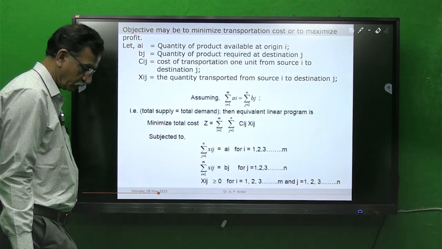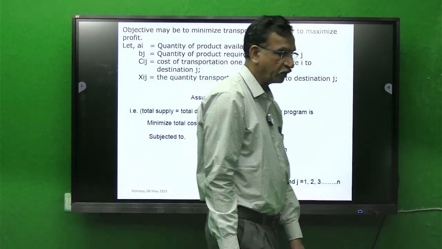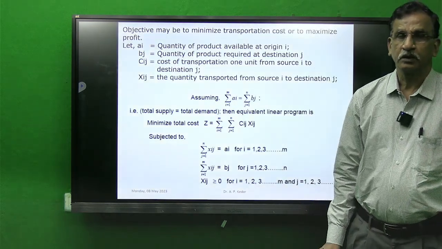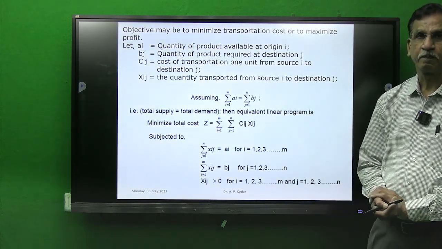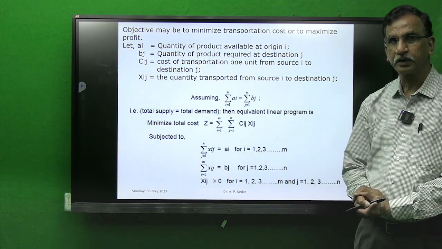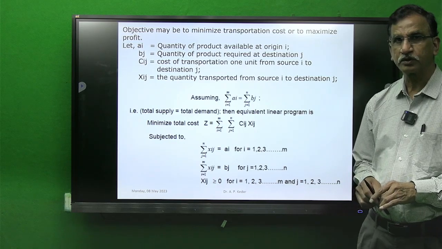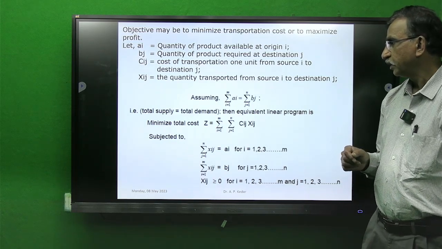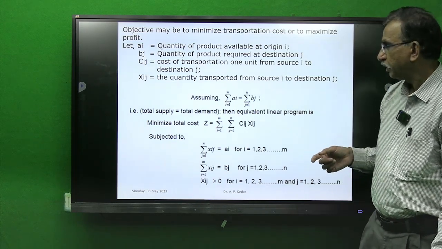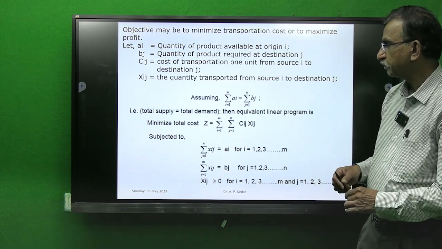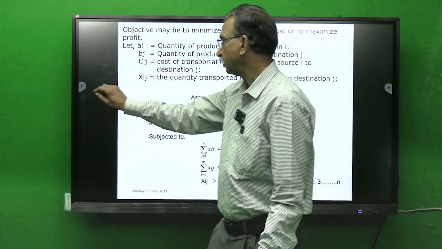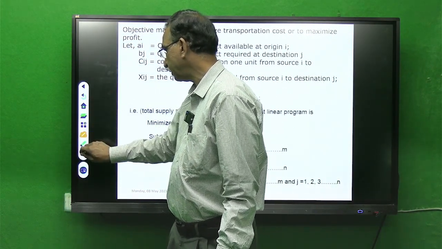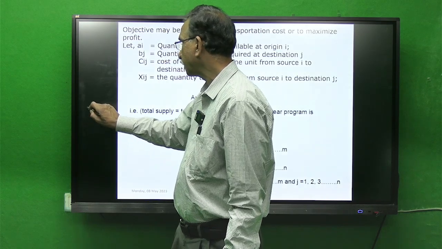Now, we have seen in unit number 1 linear programs and how they are formulated. We also studied the formulation of linear programming from the given constraints. In a similar fashion, for the transportation problem, we can write an equivalent linear program.